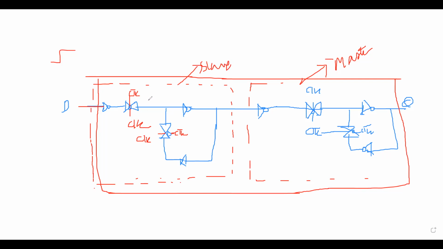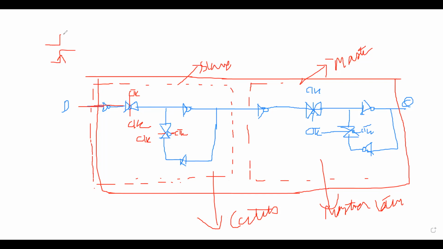Inside every flop we have a master latch and a slave latch. Whenever there is toggling at D, the data will go over here, and there's a clock. Let me explain through the clock.